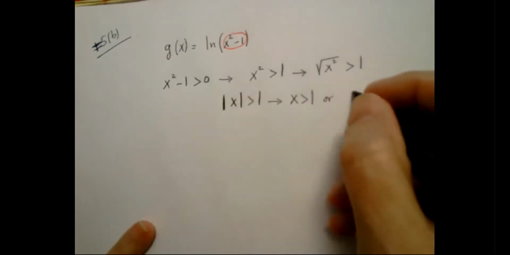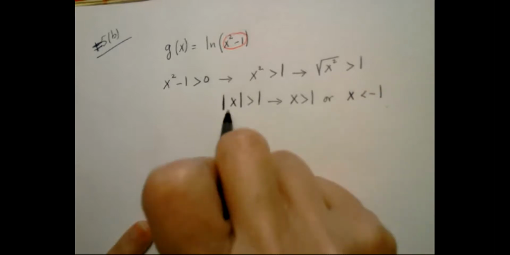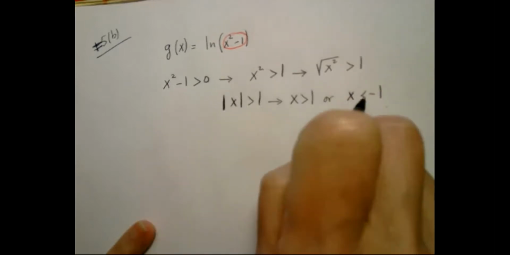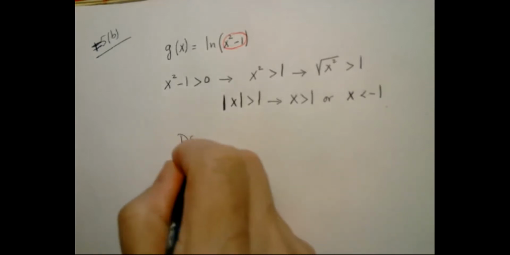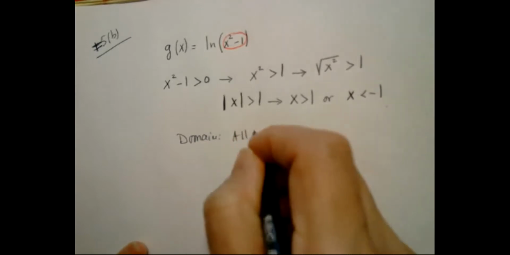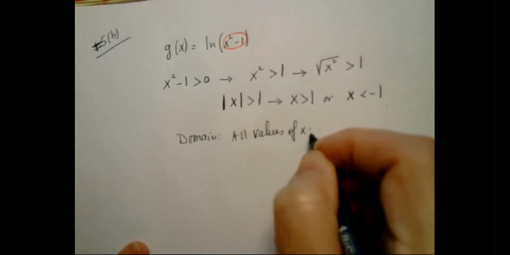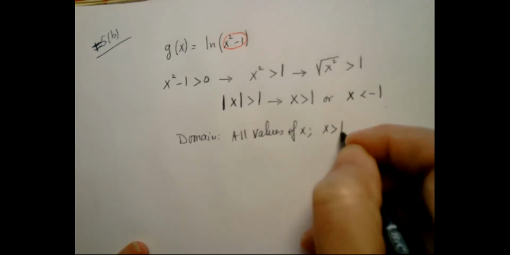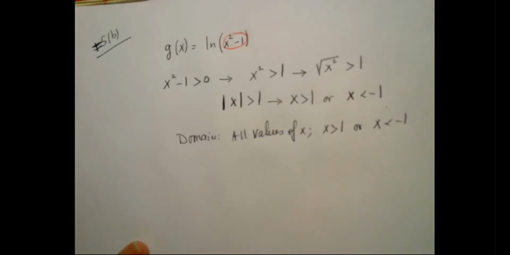So also every value of x which is less than minus 1 will make the absolute value bigger than 1. So the domain is all values of x such that x has to be bigger than 1 or less than minus 1.